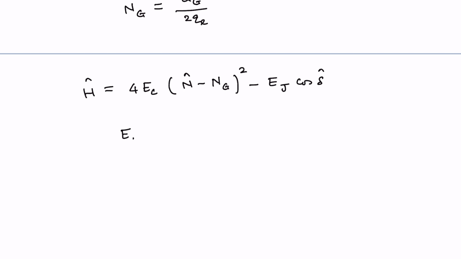Here Ec is the charging energy constant, and this is defined as Qe square divided by twice C sum.